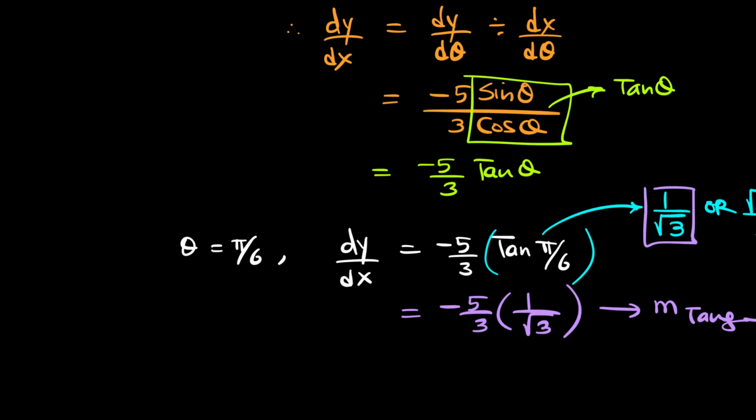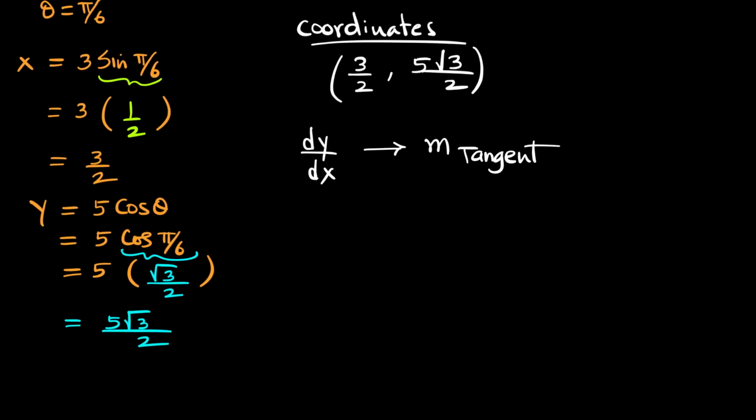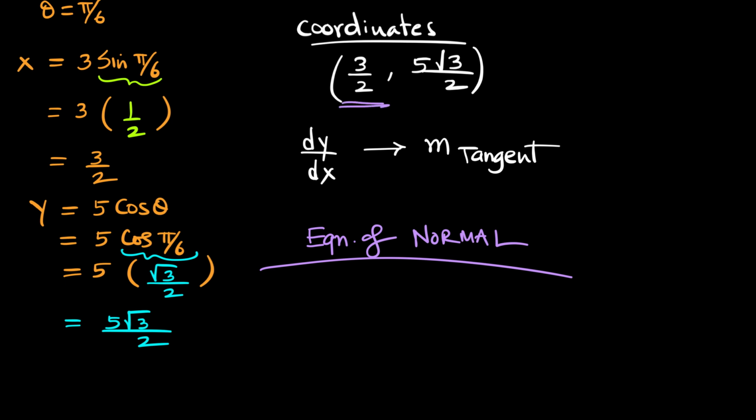Therefore, we are interested in finding the equation of normal. We have the x coordinate, we have the y coordinate, and all we need is the gradient of normal, which is the negative reciprocal of the gradient of tangent.